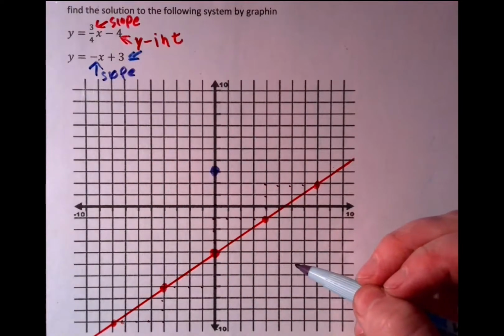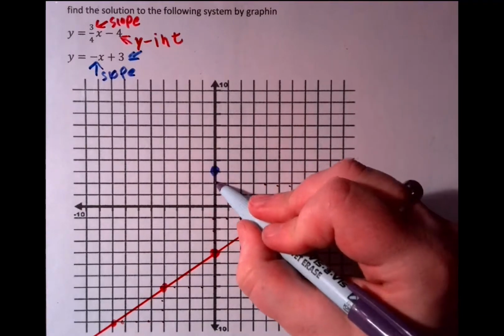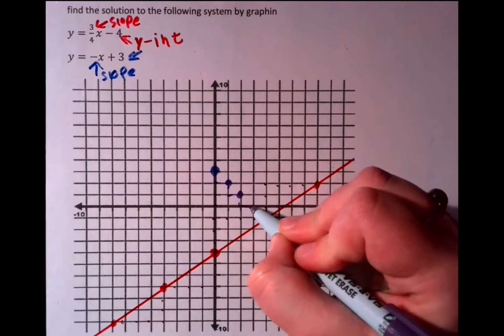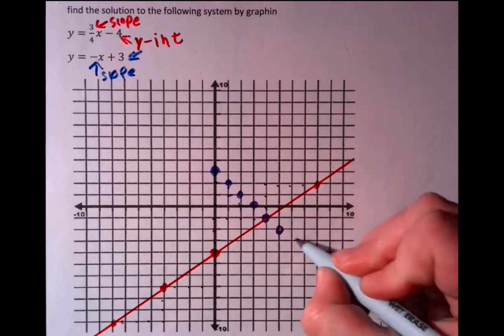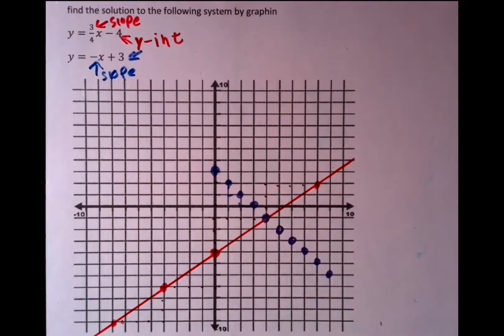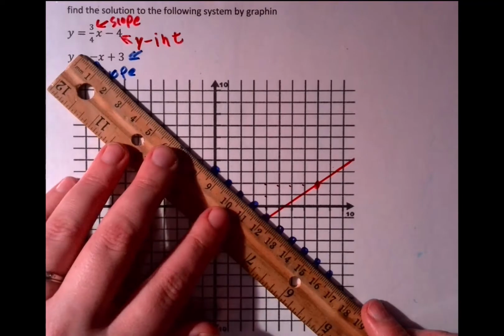That tells me I rise or go down 1 and right 1. So we're going to go down 1, right 1, down 1, right 1, down 1, right 1. And I'm going to continue this. Okay. Got plenty of points there to draw my line.